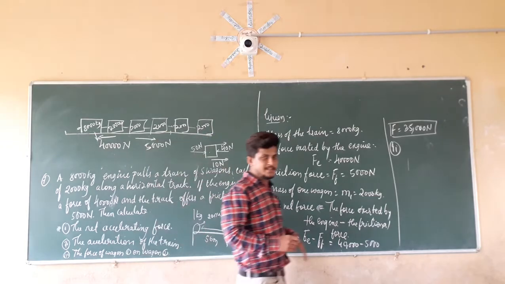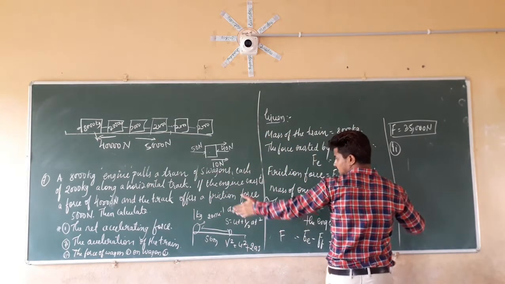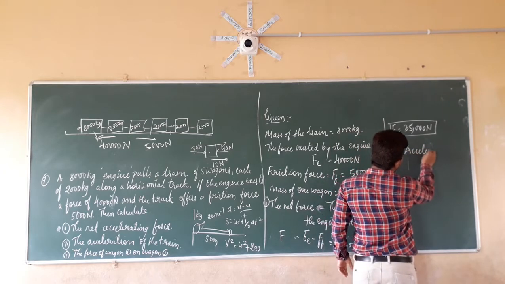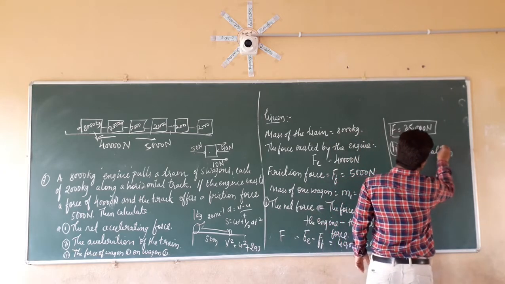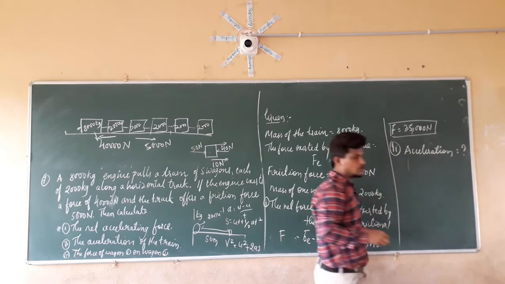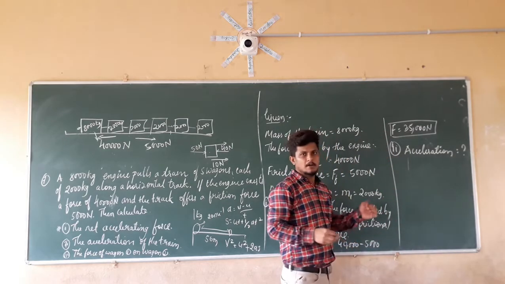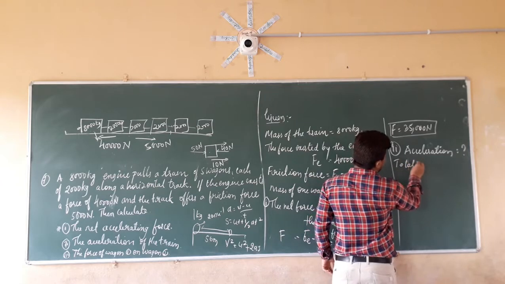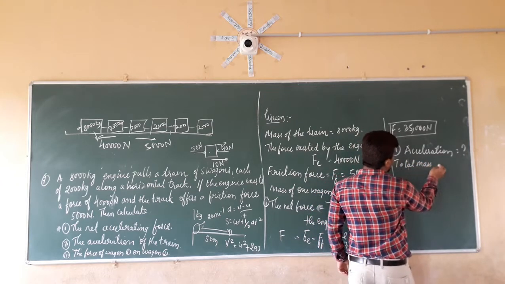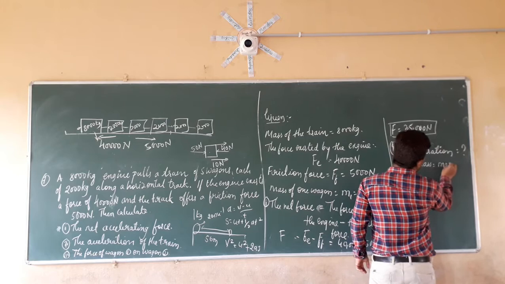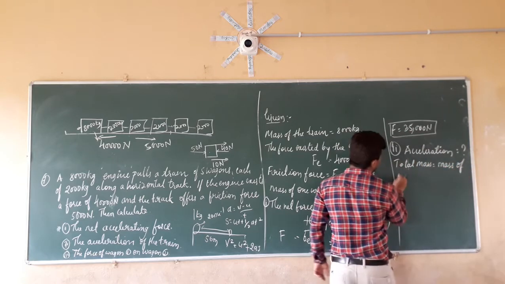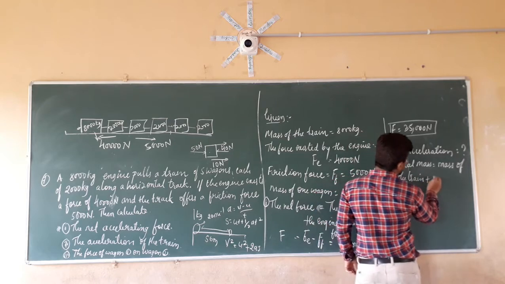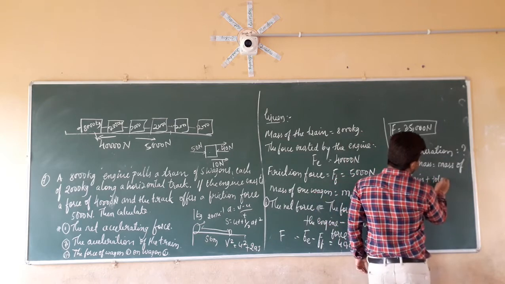So for calculating the acceleration of the train, a is equal to question mark. What we require here is the total mass. So total mass is equal to what? It is equal to the mass of the train, that is, the engine, plus the total mass of the 5 vehicles.